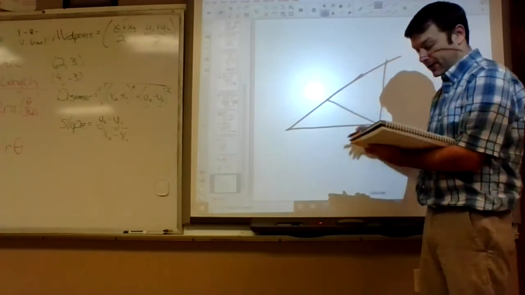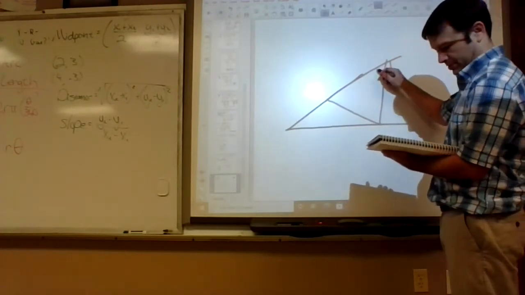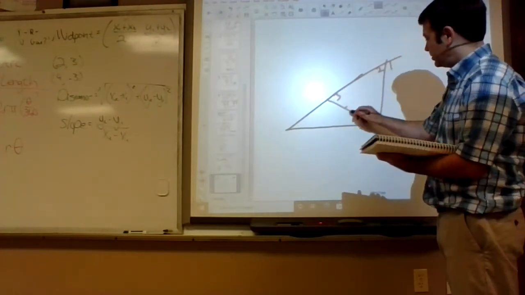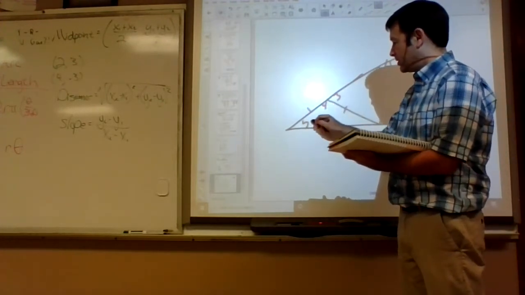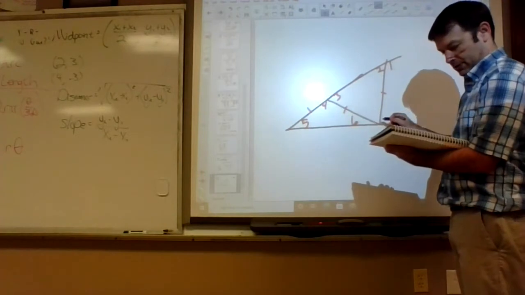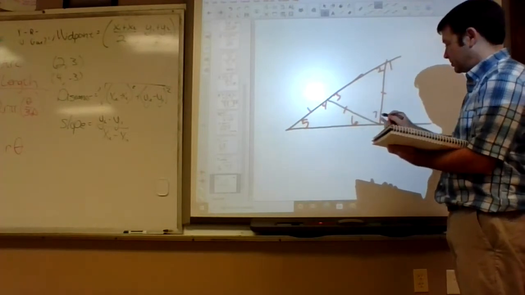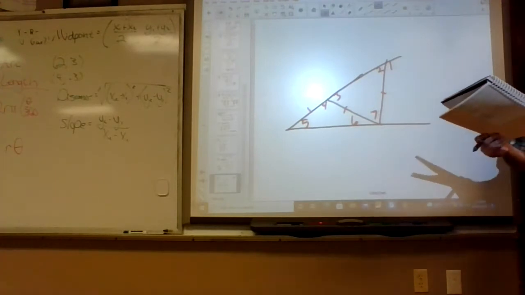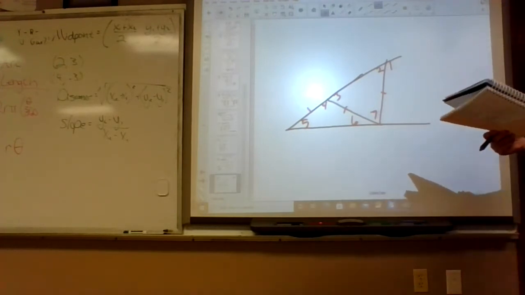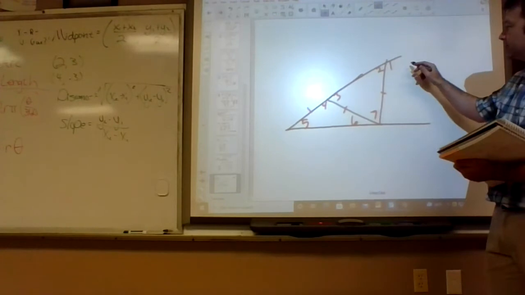Not great. All right. 1, 2, 3, 4, 5, 6, 7. Okay, it tells us on the problem, measure of angle 1 equals x degrees.